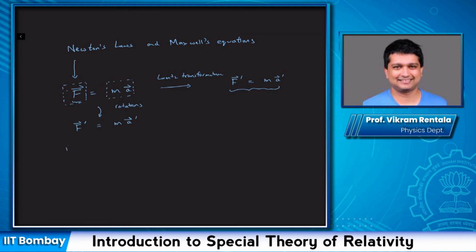So the first thing we want is that the left-hand side and right-hand side should transform as tensors of the same rank under Lorentz transformations. The second thing is, we know Newton's laws are a good approximation, at least for speeds much smaller than the speed of light.